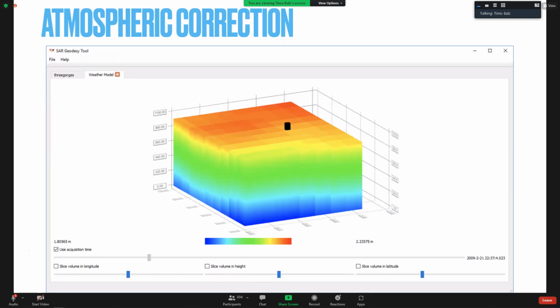Also, we can try to correct for that. There are atmospheric models available. You can get the numerical weather models, which include all these parameters.